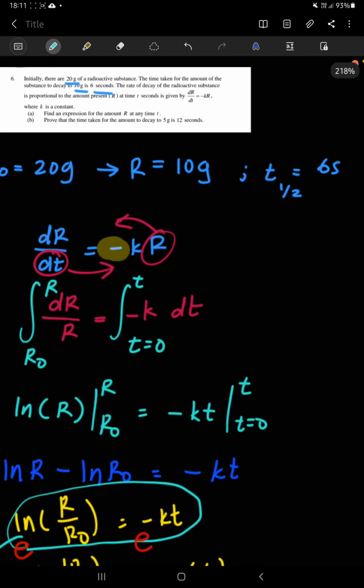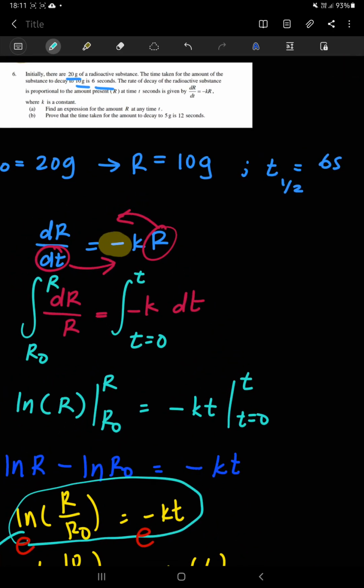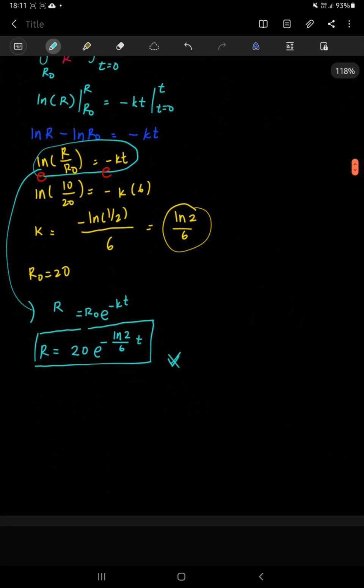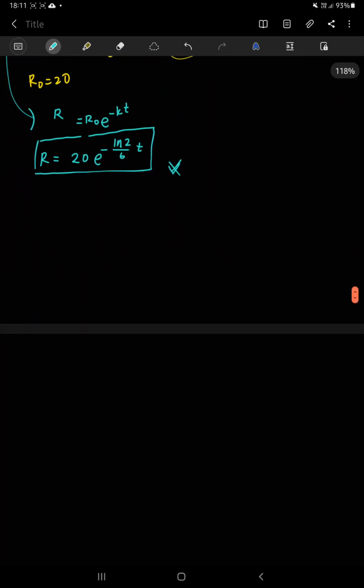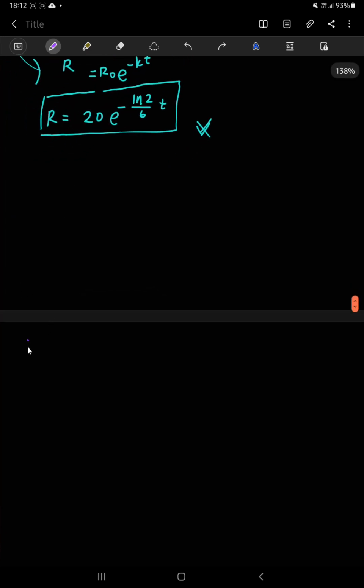Prove that the time taken for the amount to decay to 5 gram is 12 seconds. So we want to prove, so we know that R0, the original value of R, is 20 gram. Don't forget that.